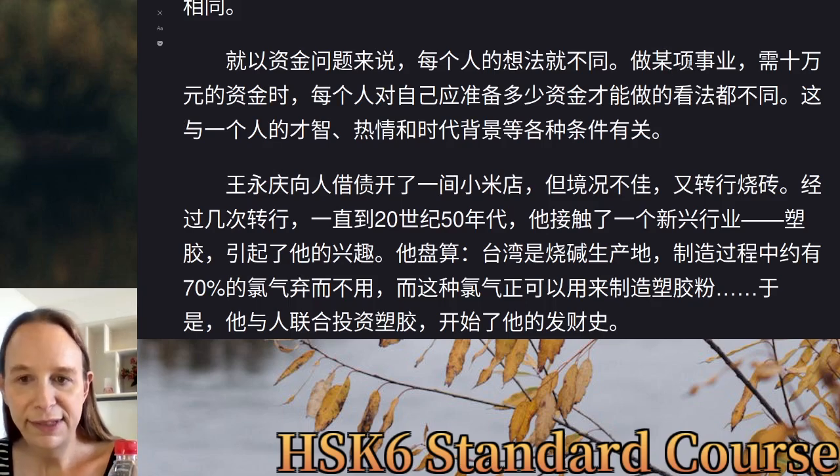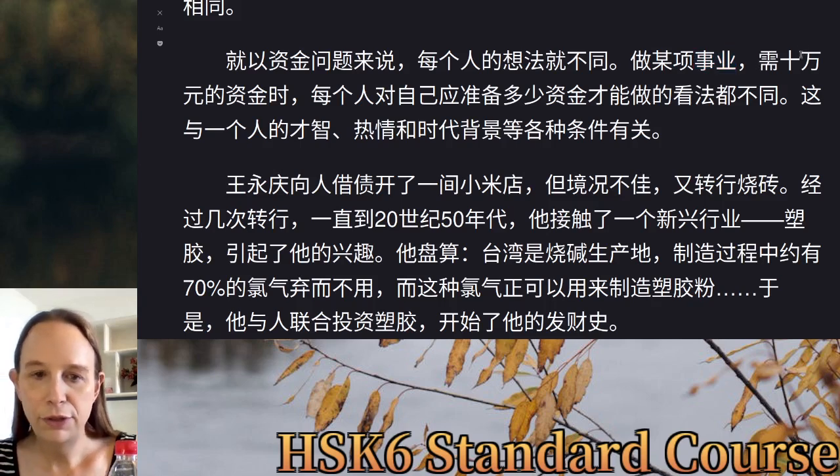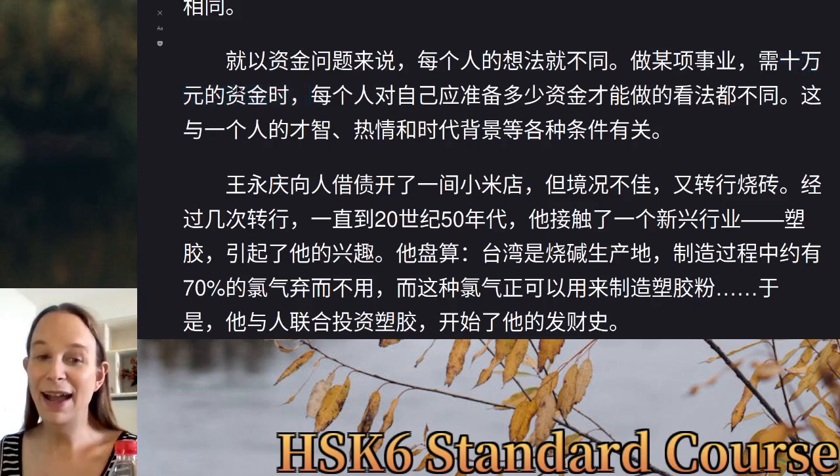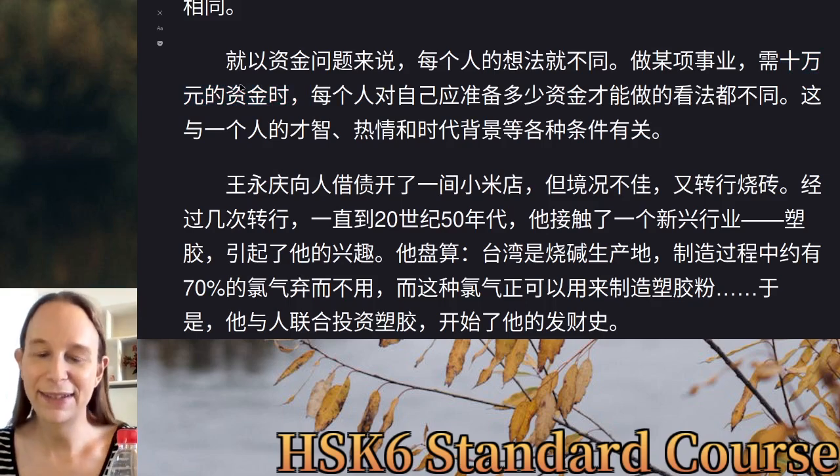做某项事业，需10万元的资金时，每个人对自己应准备多少资金才能做的看法都不同，这与一个人的才智、热情和时代背景等各种条件有关。So, okay, if I need money for an investment, how would I save it versus how would someone else save it?